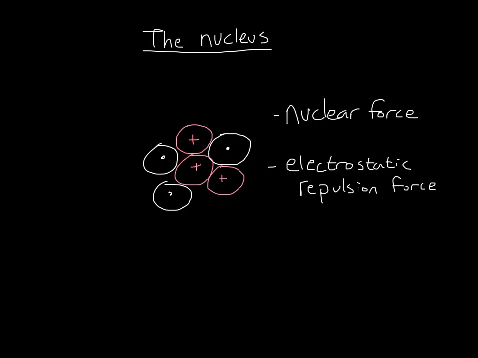These two protons right there are really pushing against each other, but the nuclear force is holding it together. So inside a nucleus, there's a very delicate balance between the nuclear force and the repulsion force. If the repulsion force gets too great because of too many protons or something, it's going to cause the nucleus to fly apart, essentially. The protons will repel each other too much for the nuclear force to hold together.